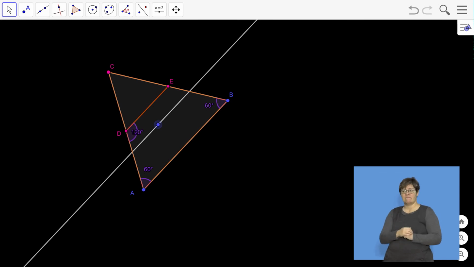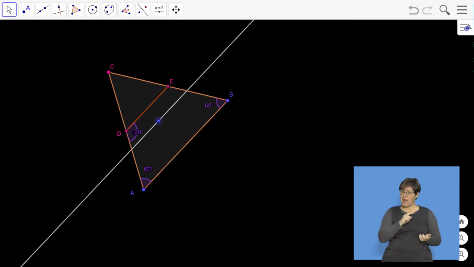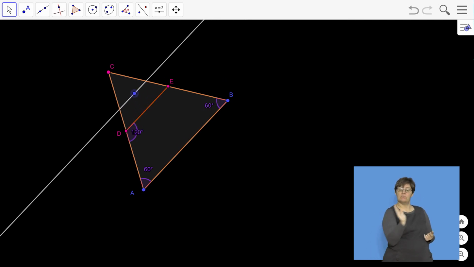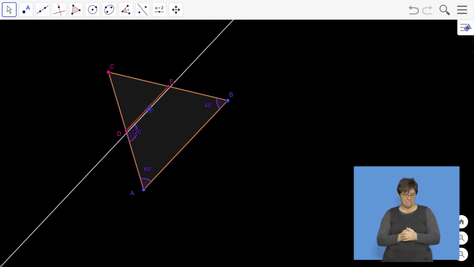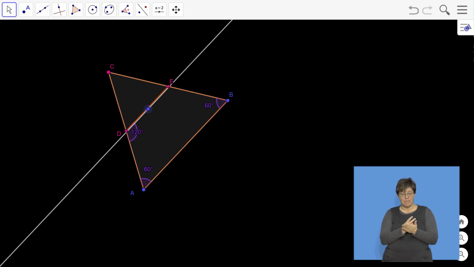It does not mean that it is passing through the midpoint, because the midpoint is E and D. I can also move it up there. It is still parallel. It does not pass through the midpoint of BC and the midpoint of AC, but it is still parallel. Even if it does pass through it, it will definitely be parallel to it.